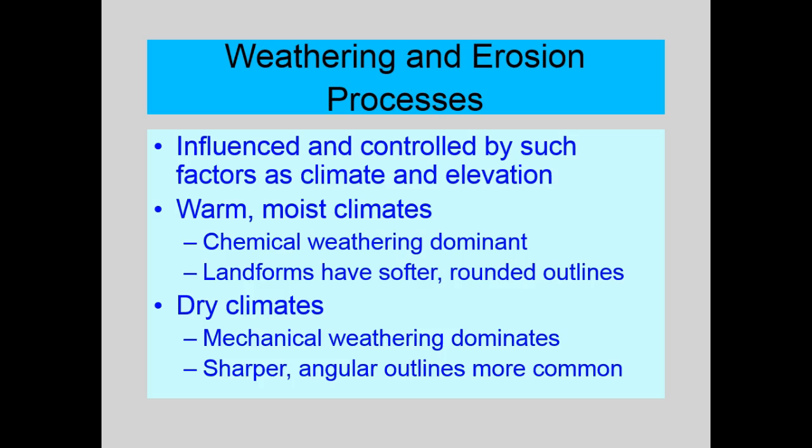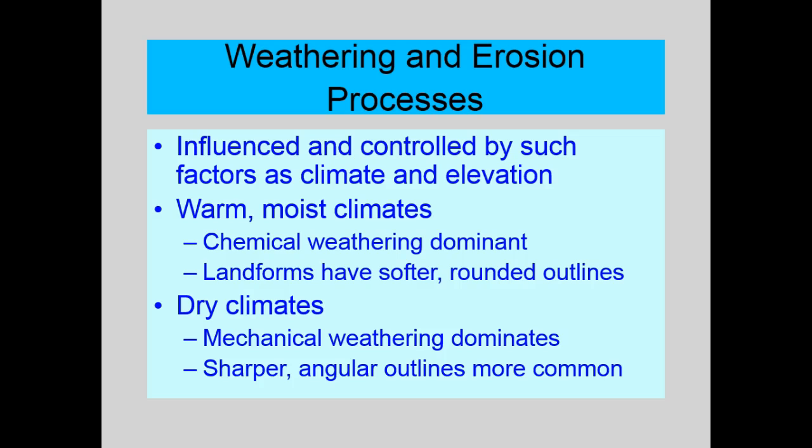Warm, moist climates are where chemical weathering dominates, and biological weathering dominates there too, anywhere you have warm temperatures and a moist environment. Chemical, because just about all your chemical reactions are associated with water.